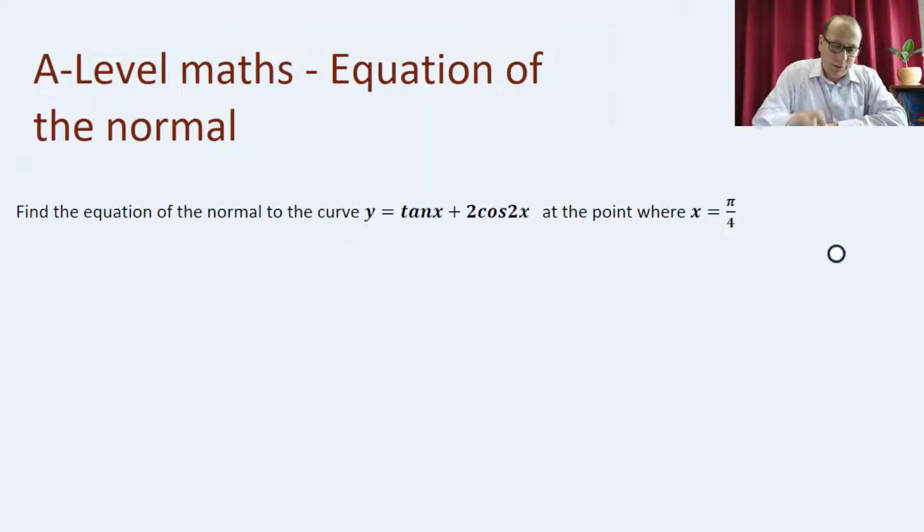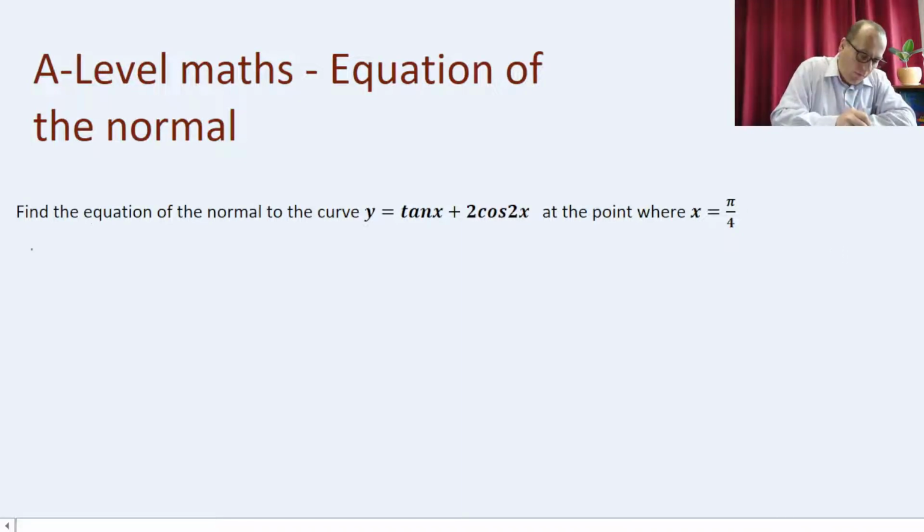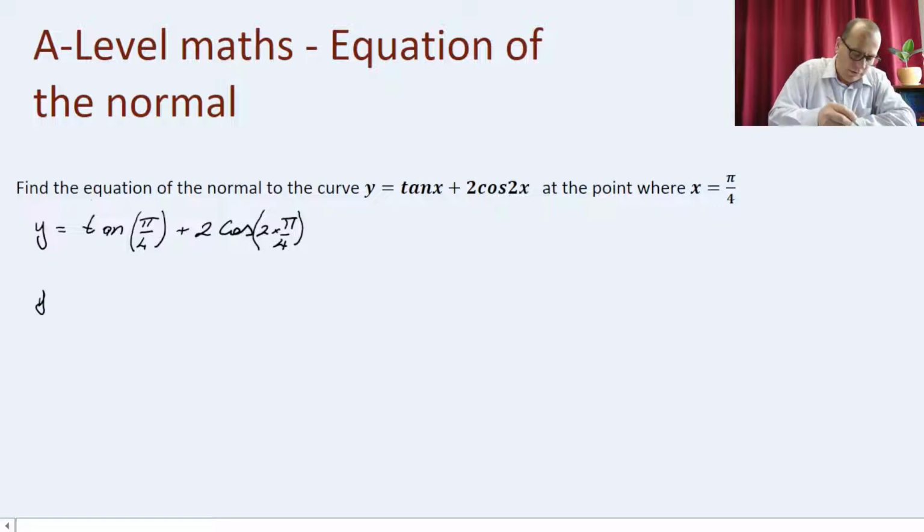To find the equation of a normal, first of all I need to find the value of y. So we have y equals tan of pi by 4 plus 2 cos 2 times pi by 4. So tan of pi by 4 is just 1.